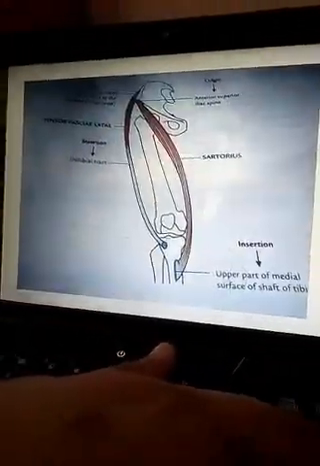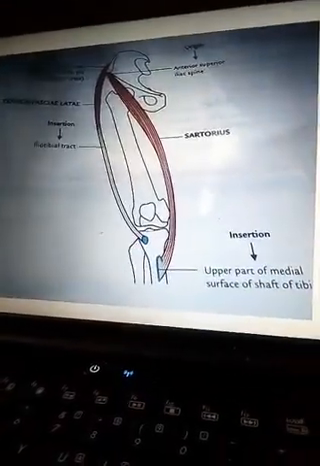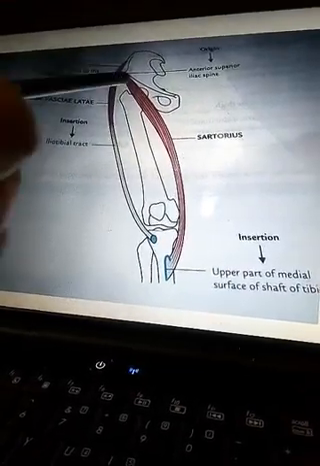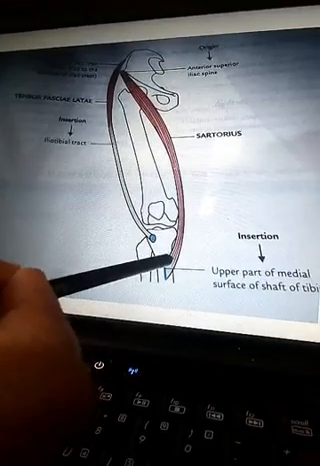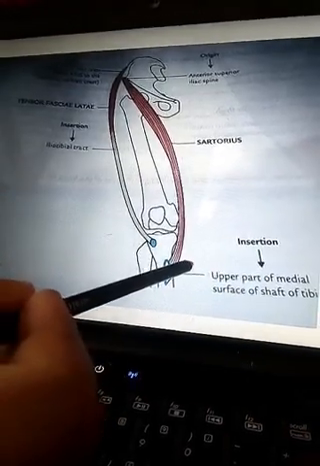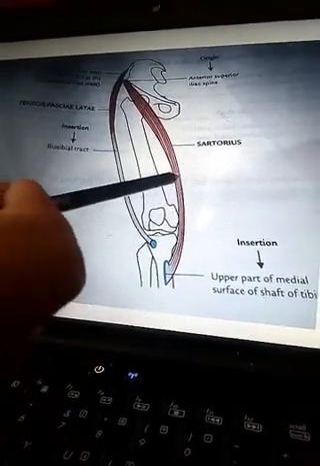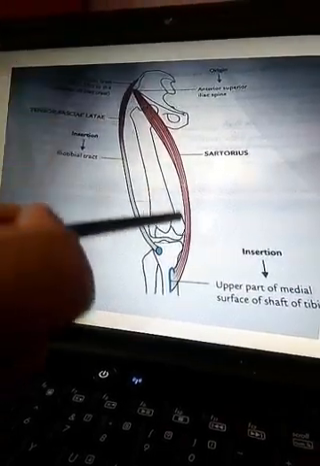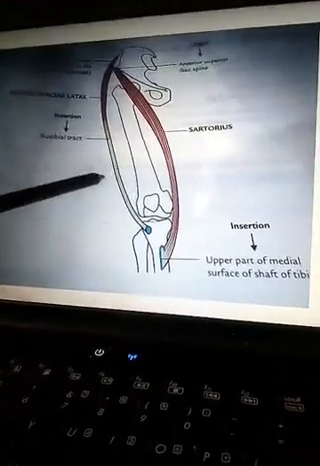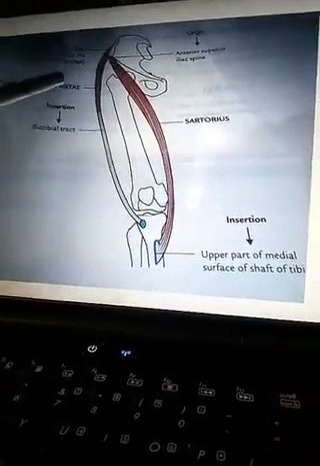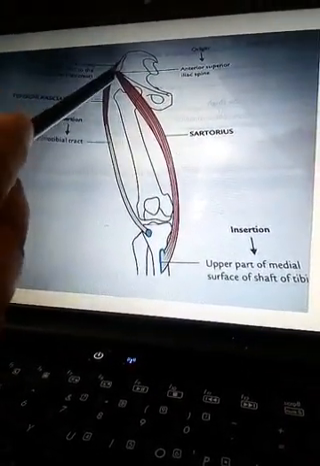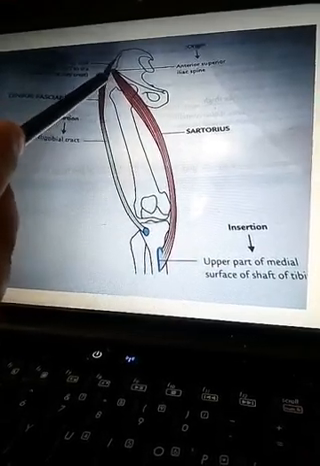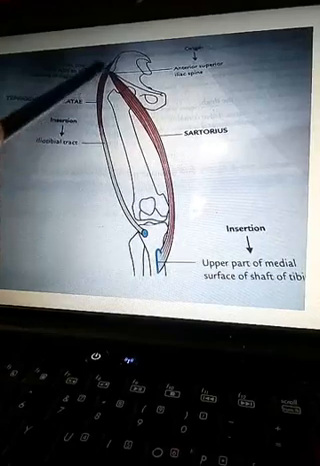Now, another muscle is the sartorius. It is the longest muscle in the body which crosses the front of the thigh obliquely from the lateral to the medial side. It arises from the anterior superior iliac spine and upper half of the notch immediately below it.